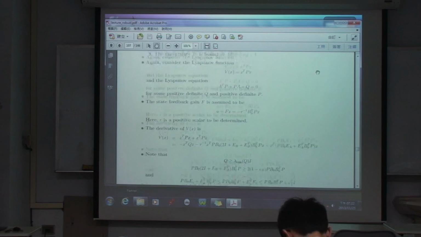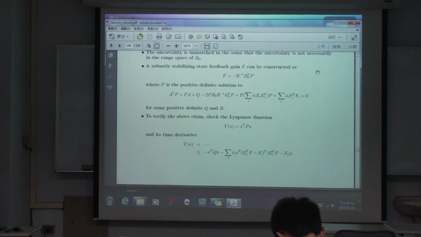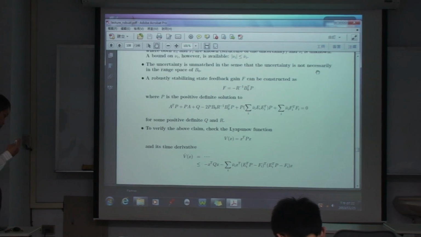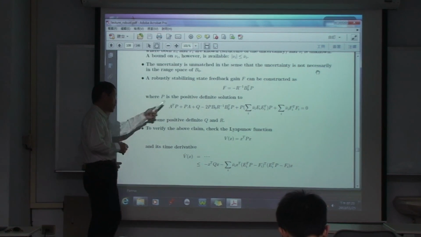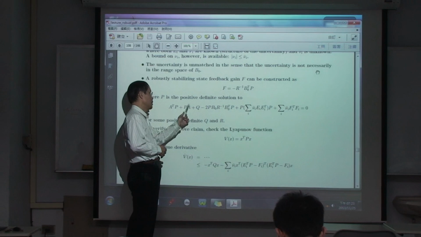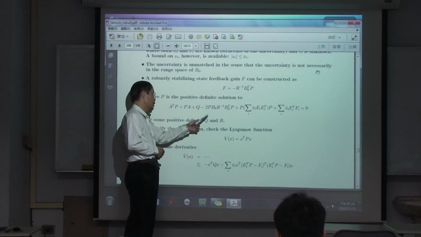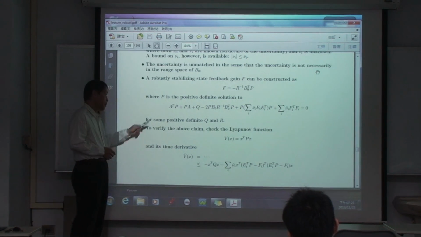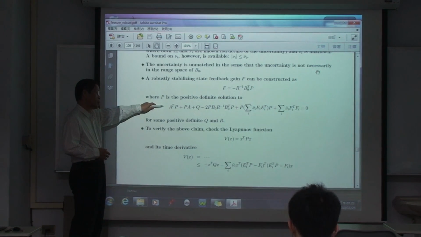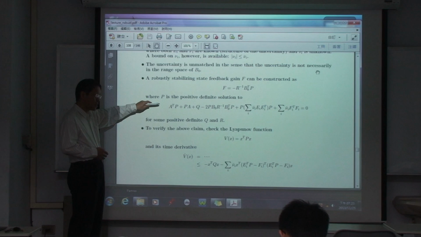But if you look at the result here, there is no saying about the existence of P and Q. That means if you can find this P for this equation for certain Q and R, then you can use this one to stabilize it. But this particular equation is not guaranteed to exist.